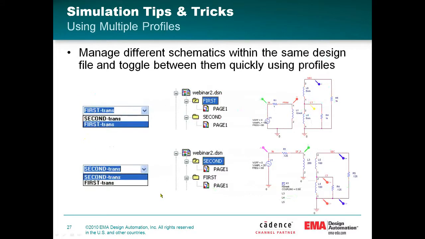Same concept also here, but in this case what you could do is have different schematics in the same design file and toggle with them using the profiles. So in this case, you would want to come in and create another schematic folder, and you would do that with just a right click on the design file, select new schematic, and it will put down a new schematic folder. Then you can either create the schematic or move a schematic into that second folder to isolate them, and basically these are two separate simulation environments, so to speak, within the same design.